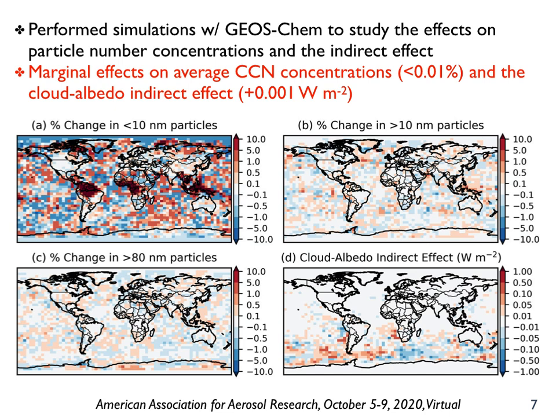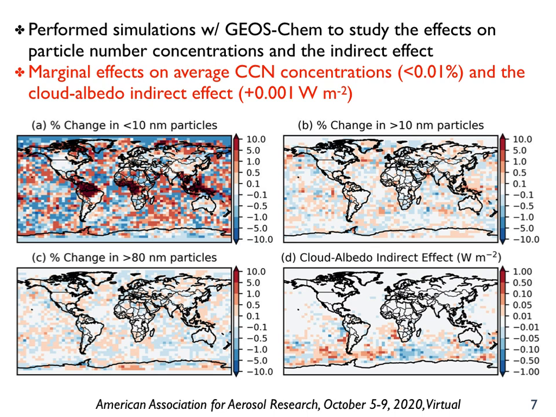While sub-10 nanometer particle number concentrations increased in source regions, as shown in panel A, there was a small impact on number concentrations for particle sizes larger than 10 nanometer, shown in panel B, and an even smaller impact on CCN relevant sizes, or cloud condensation nuclei relevant sizes, defined as particles larger than 80 nanometer, in panel C.